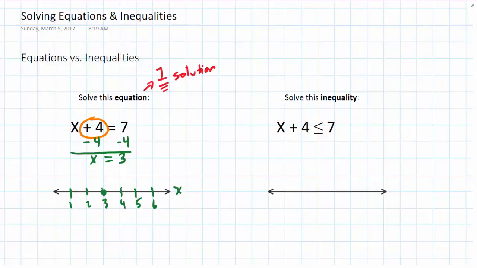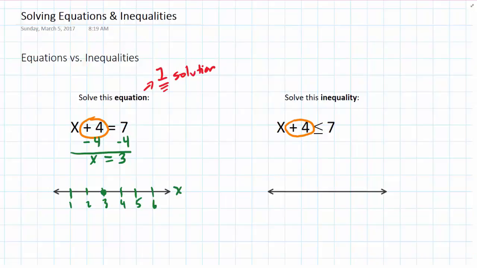Let's take a look at the inequality now. We do very similar things. We're trying to solve for x, trying to figure out what x equals. So we don't want the plus 4; we just want x is less than or equal to something else. We need to undo it just like before.